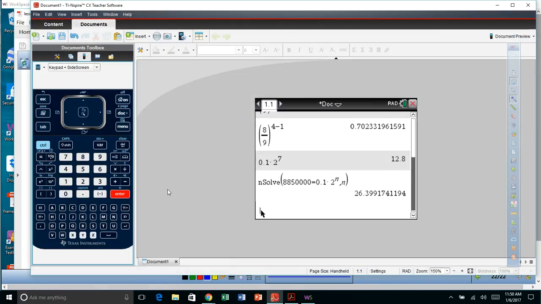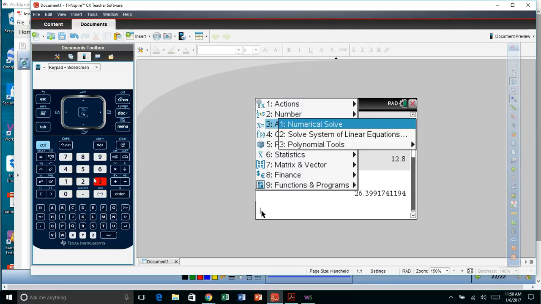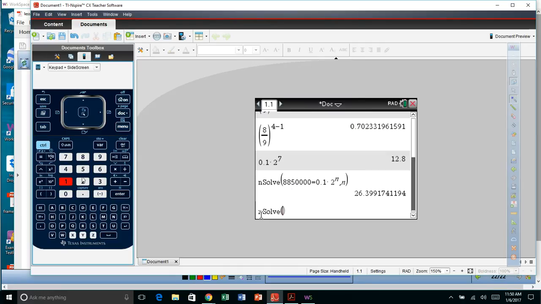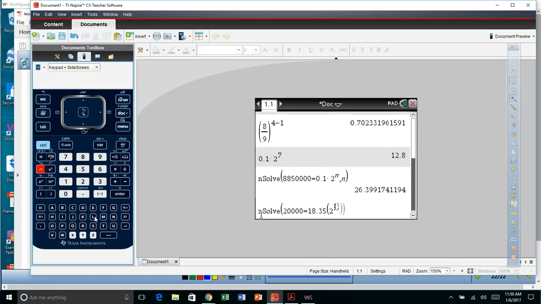Let's do nSolve. Me and you, 3, 1, and we've got 20,000 equals 18.35 times 2 to the nth power. Where's n? There we go.